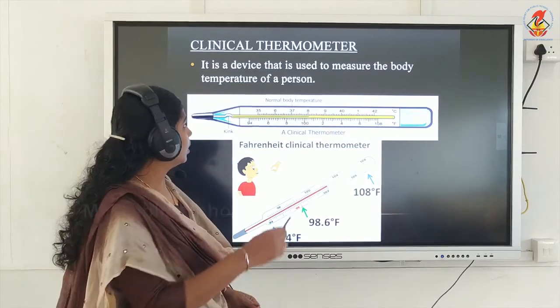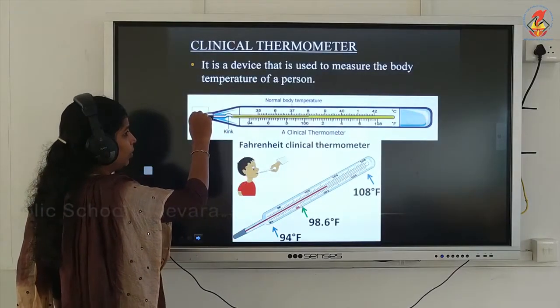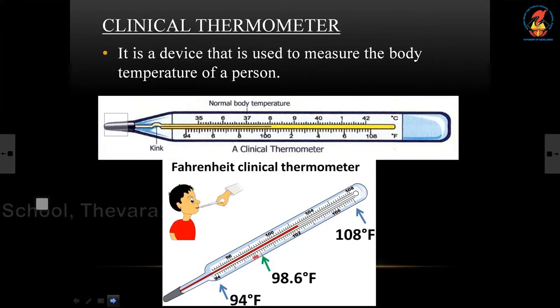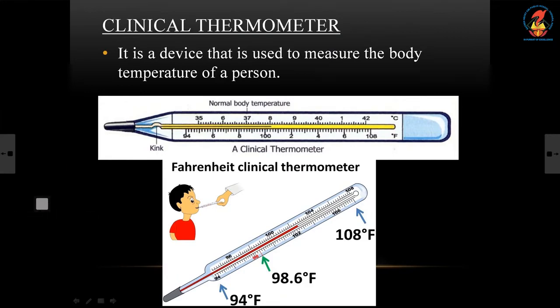This is the bulb of the thermometer. Inside this bulb it's filled with mercury, and you can see a narrow thread of mercury along this glass tube.